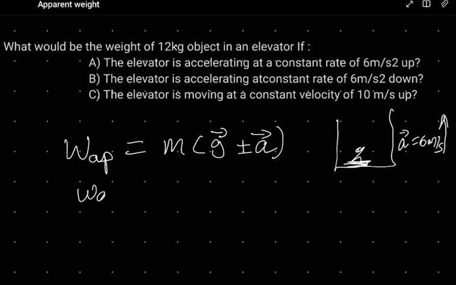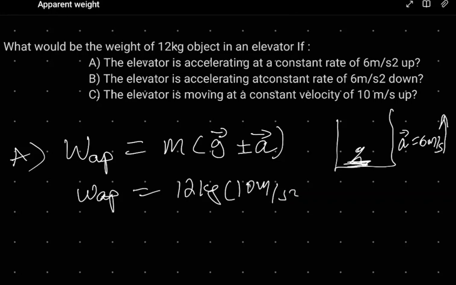So the apparent weight in the case of A is equal to the mass, 12 kilogram, times gravity, 10 meters per second square, plus, because upward is plus, 6 meters per second square.